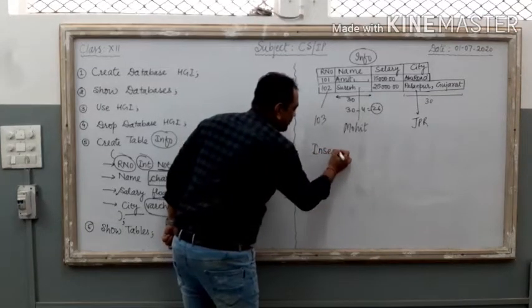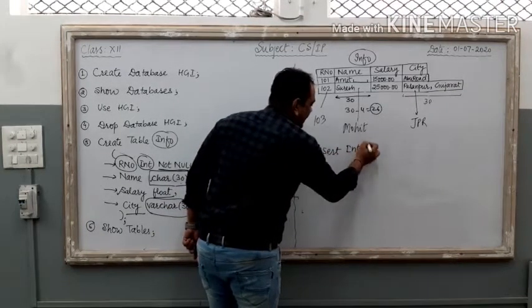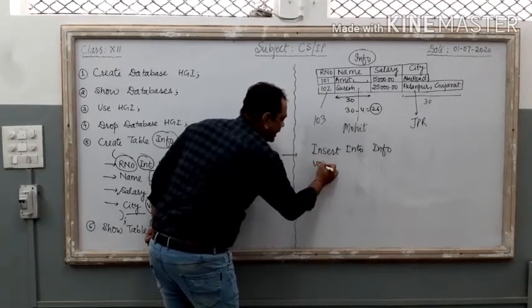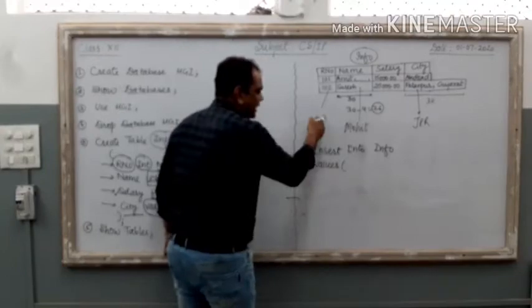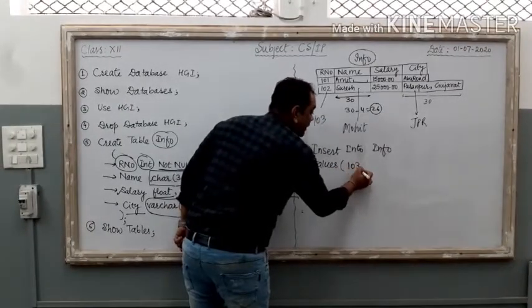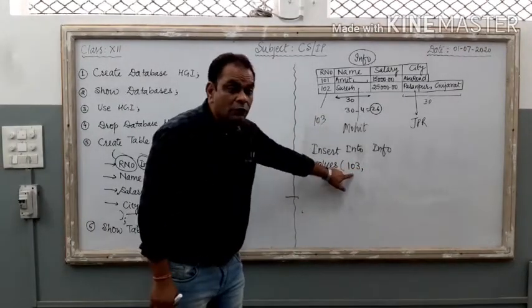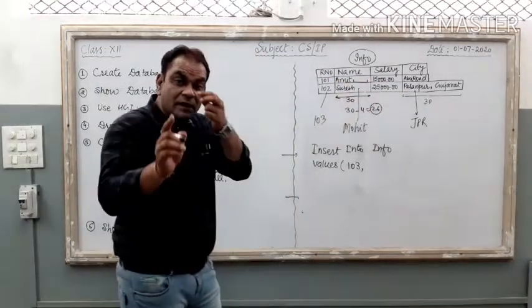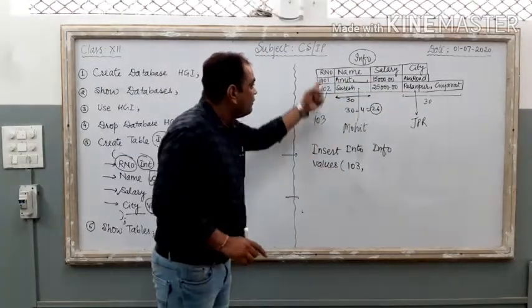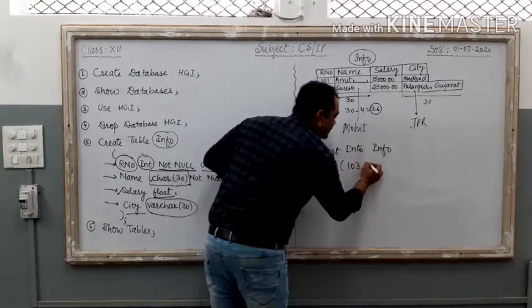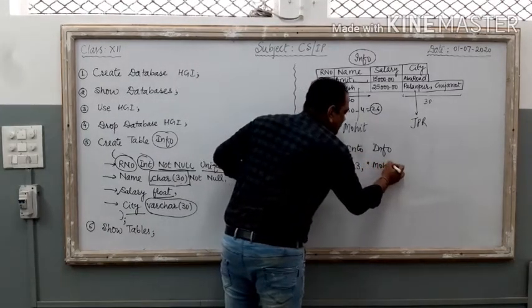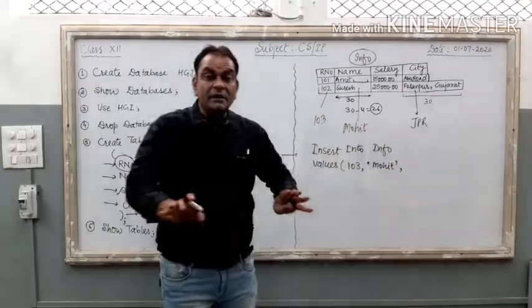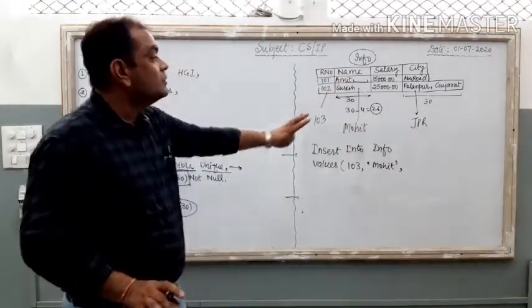According to the first format, insert into the name of the table, it is info, then in the second line values, my first value is 103. Here I have to follow the same sequence that is there inside the table. It is very important. So 103 first column value, then Mohit in the second column, then again comma. Now I do not have the value of the third column, the salary value.